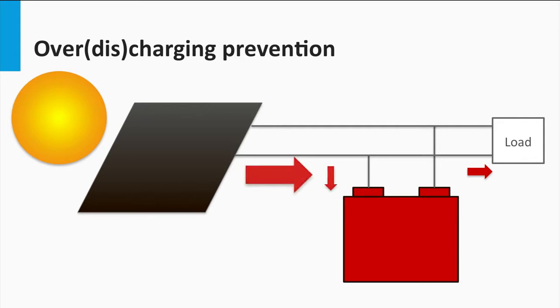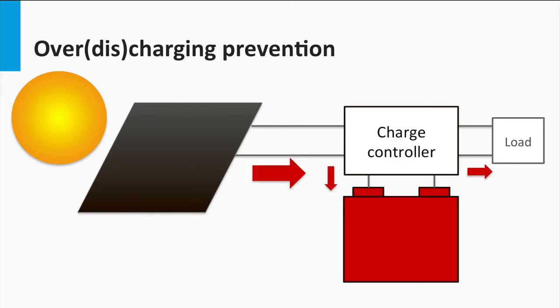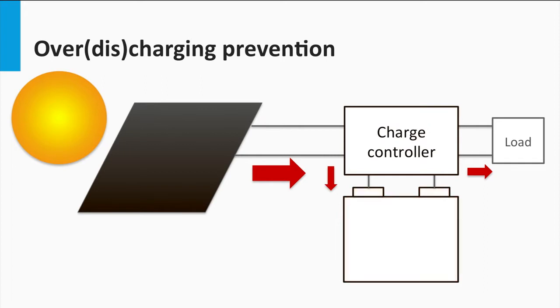The excess energy is sent to the battery. But when the battery is fully charged and the PV array is still connected, the battery tends to overcharge. This brings about its own set of problems like gas formation in the lead-acid battery, capacity loss, and overheating, to name a few. The charge controller here plays a vital role by cutting off the PV power from overcharging the battery.